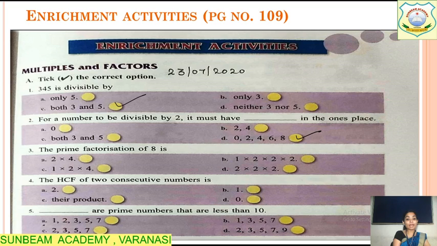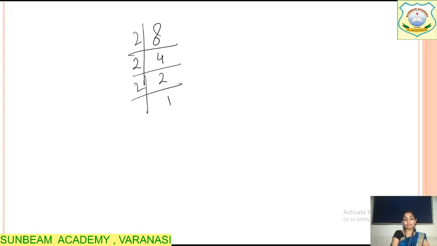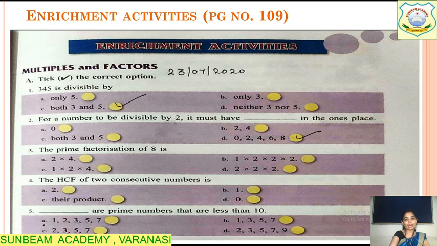Next, the prime factorization of 8. If we talk about 8, let's find out 2 4s are 8, 2 2s are 4 and 2 1s are 2. So what is the prime factorization of this? 8 is equals to कैसे लिखते हैं? 2 multiplied by 2 multiplied by 2. यही लिखते हैं. So if it is there, it is correct answer.